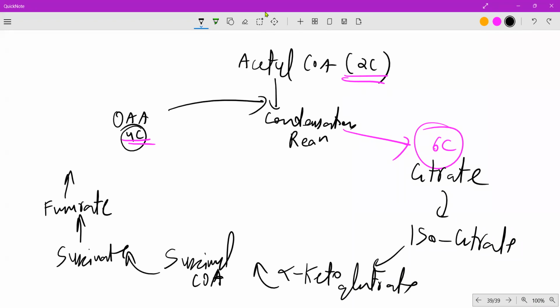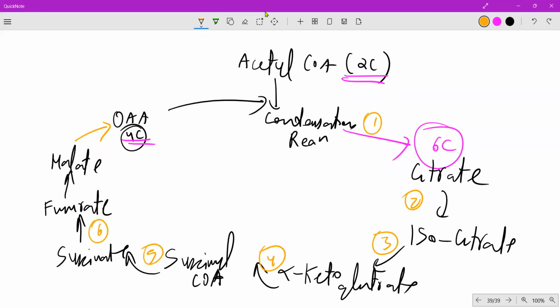Fumarate is converted to malate. Malate at the last is converted to oxaloacetic acid. Am I clear? So roughly 1, 2, 3, 4, 5, 6, 7, 8. Finally, again, condensation. Again, we get this.